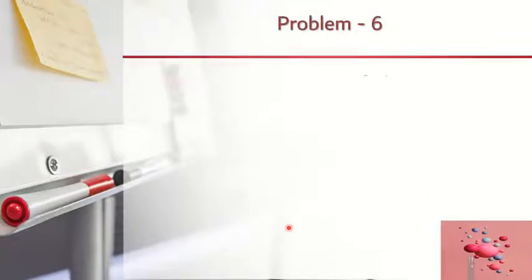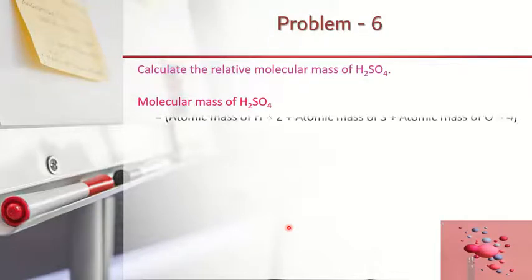So now we will calculate the relative molecular mass of sulfuric acid, where there are hydrogen, sulfur and oxygen atoms: 2 hydrogen atoms plus 1 sulfur atom plus 4 oxygen atoms. So we will calculate the relative molecular mass by using the relative atomic masses of hydrogen, sulfur and oxygen.